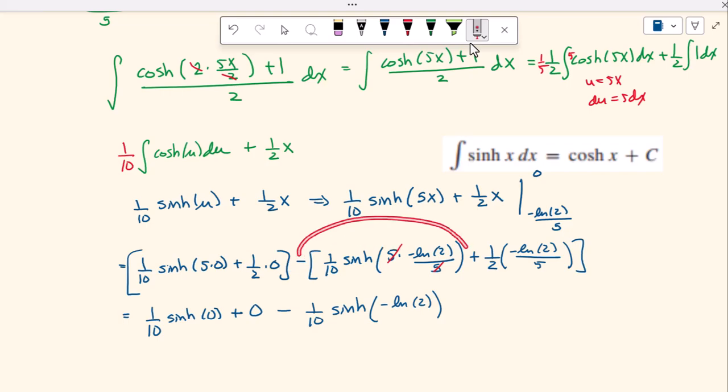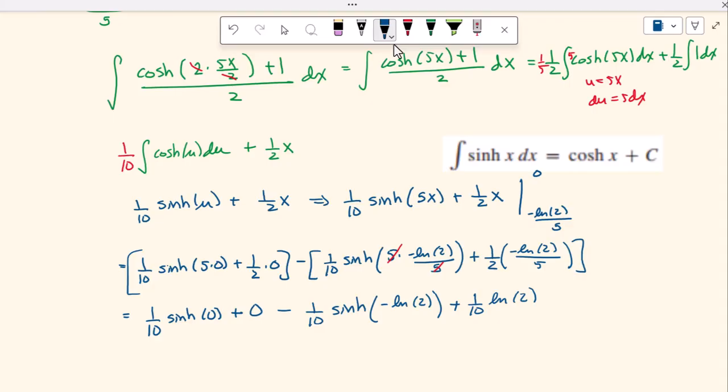Now it's going to come here. So that's going to be a negative times a positive times a negative is a negative 1/10 ln of 2. Okay, so again, the negative comes here. Negative times a negative is a positive. Whoops, good thing I double checked that. I had the wrong sign.